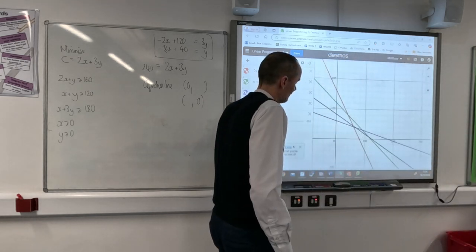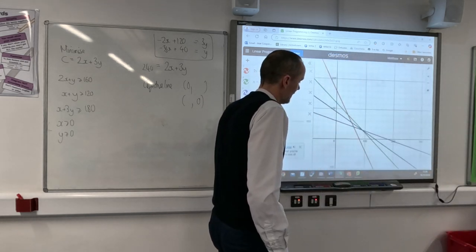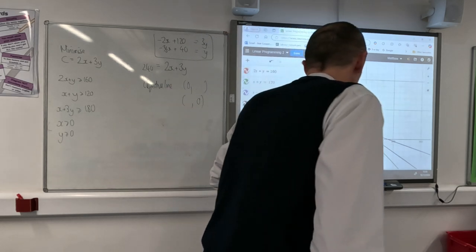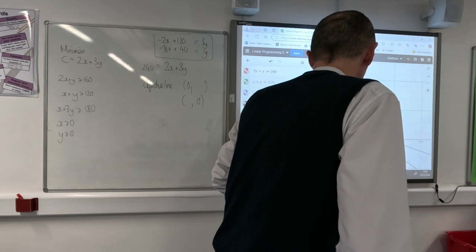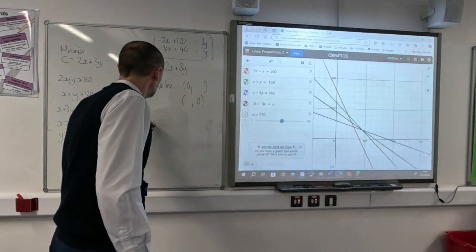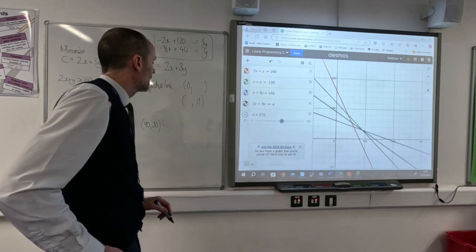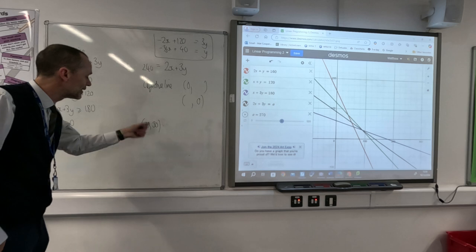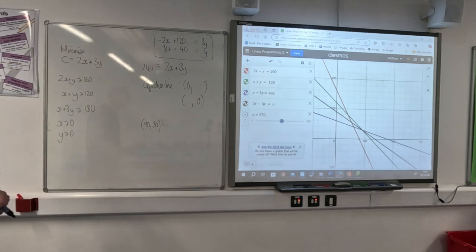In this case, it's that point there, which I've rubbed off with it. It was 90/30. And so using the objective line method, we can identify which of our corners gives us the optimum solution without having to work out all of them.